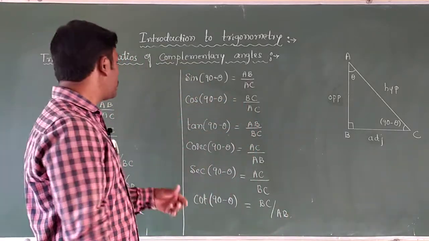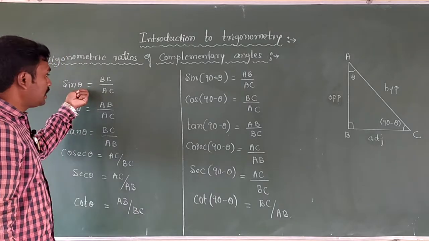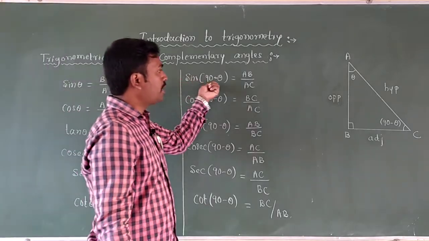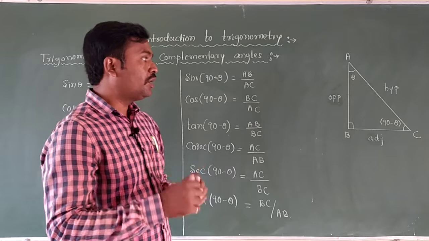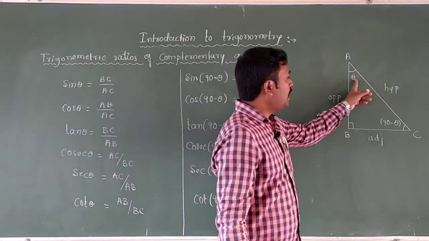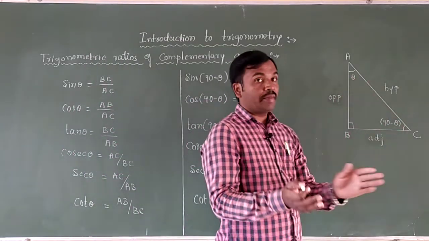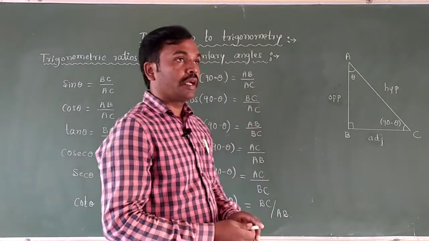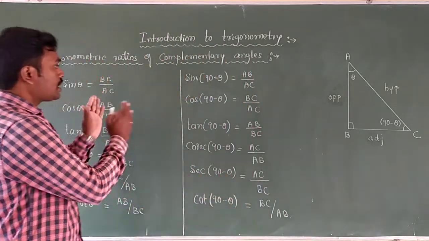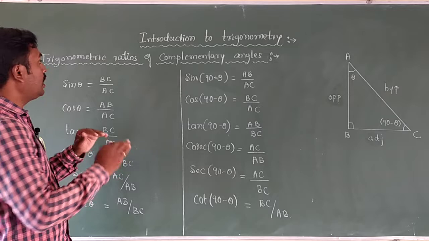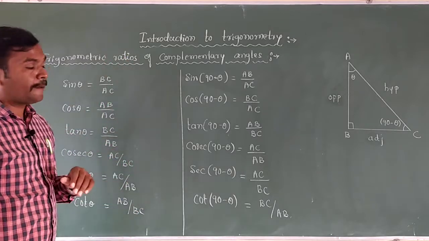These are the trigonometric ratios of angle theta and angle 90 minus theta. And we know that angle A and angle C are complementary to each other. So let us compare these two to find the trigonometric ratios of complementary angles.